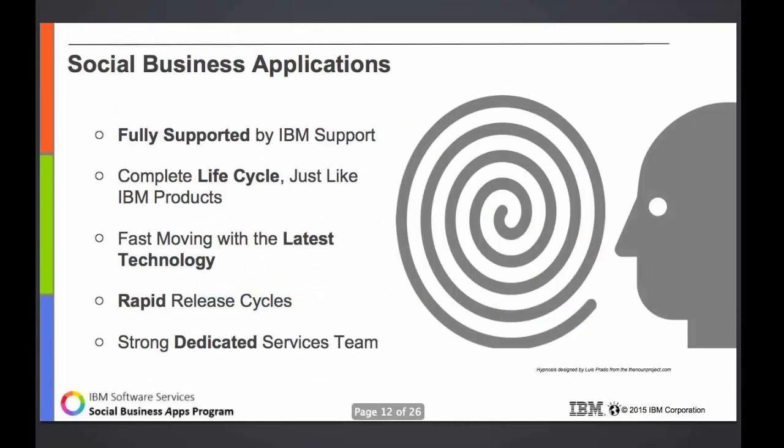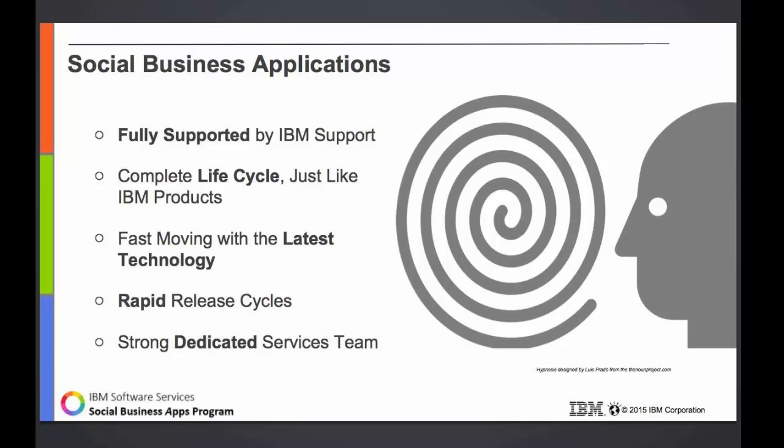So this adoption scenario provides just 4 examples from the IBM Social Business Applications program. The program consists of software services assets that are available worldwide to our customers using IBM Connections, or expertise solutions, or needing to migrate content and people.